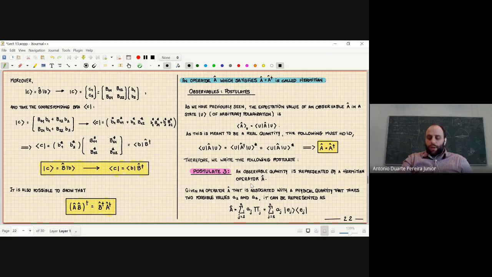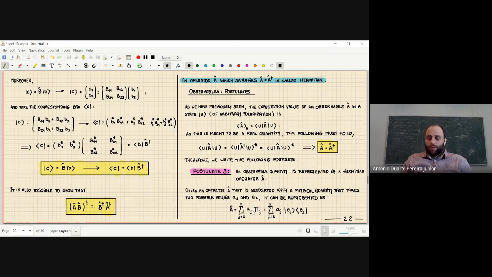So we have seen that if you have an operator A, which is associated with some physical quantity that can have two possible outcomes, A1 and A2, you can represent that using the projectors.